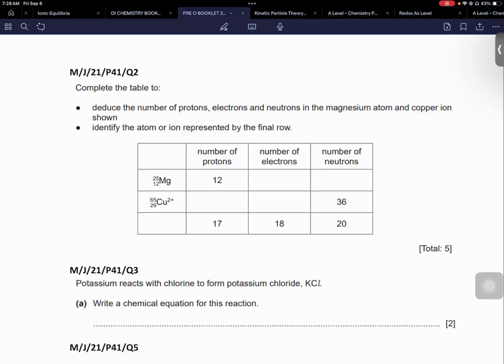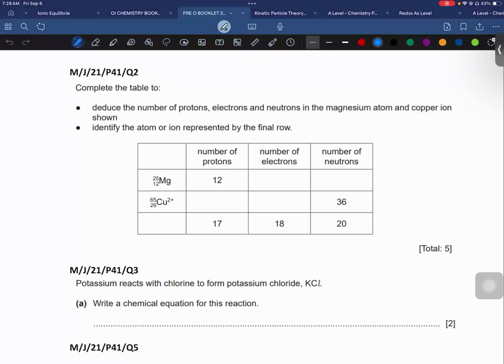And the number of electrons is the same as the number of protons, so it will be 12. So the number of electrons is 12, and the number of neutrons is 13, which is 25 minus 12.